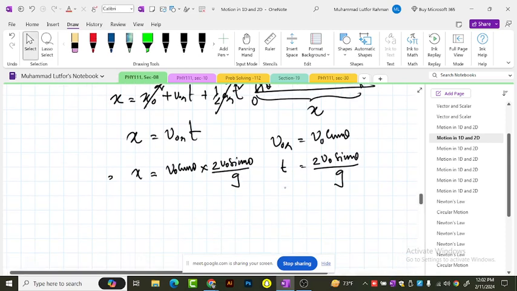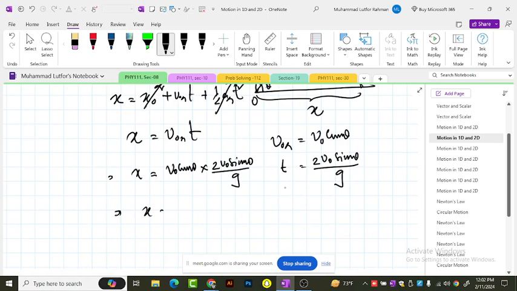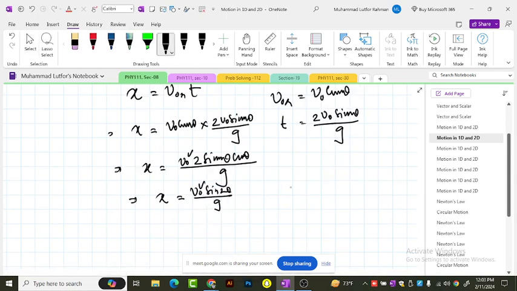Then I'll find this x is v naught squared, 2 sine theta cos theta, divided by g. Writing 2 sine theta cos theta as sine of 2 theta, x should be v naught squared sine 2 theta divided by g.